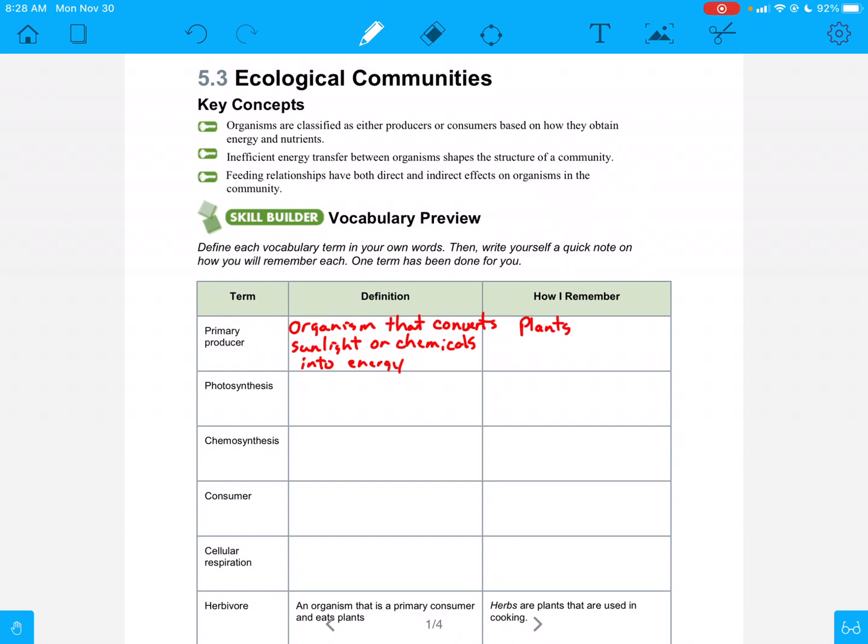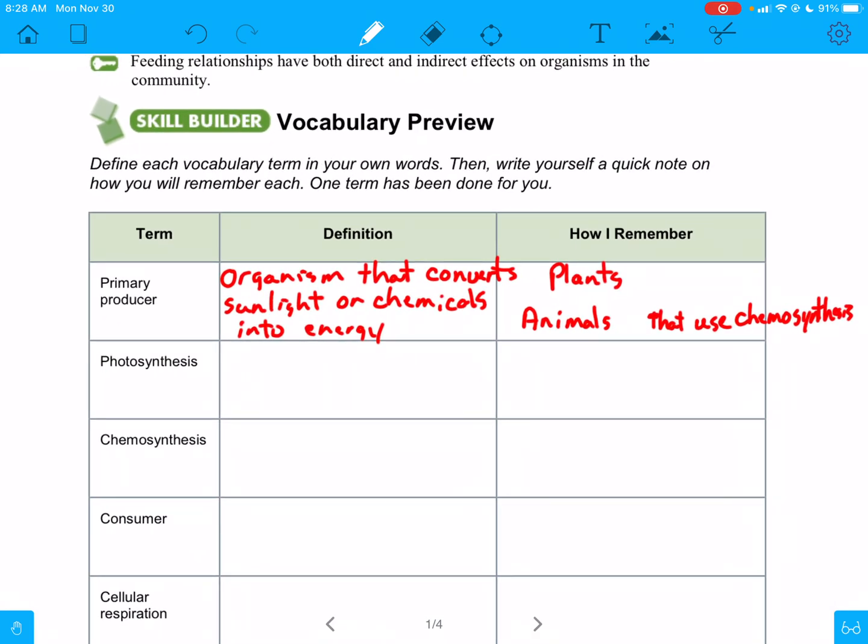And those are animals that use what's called chemosynthesis. Animals that use chemosynthesis live at the bottom of the ocean. They live in caves.